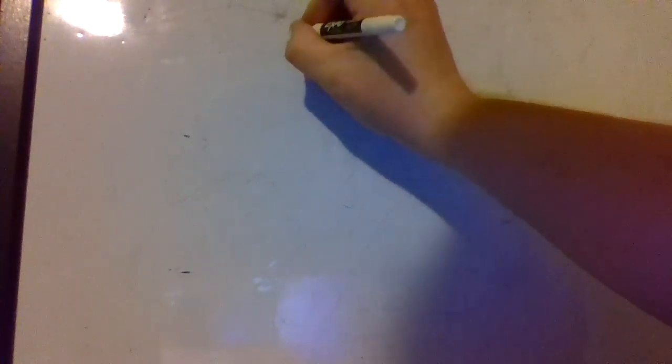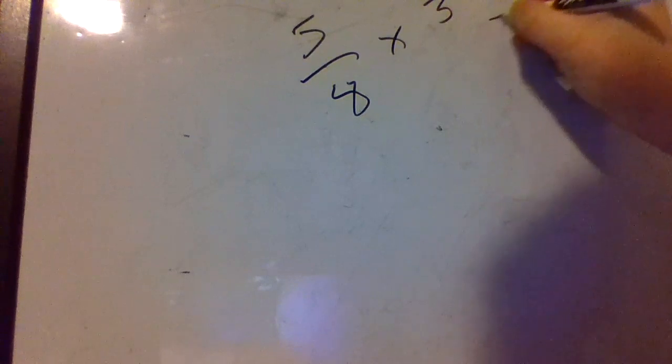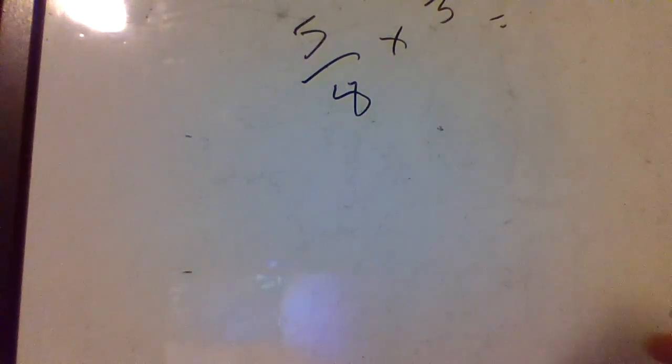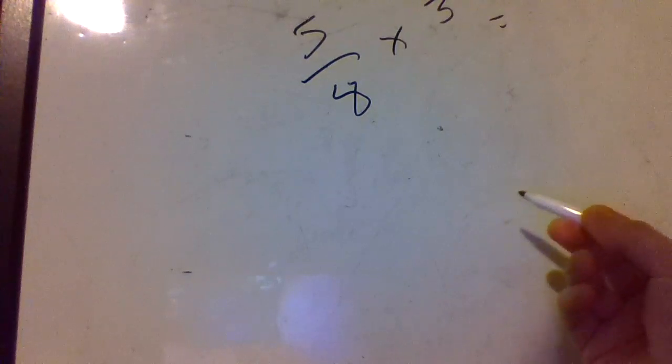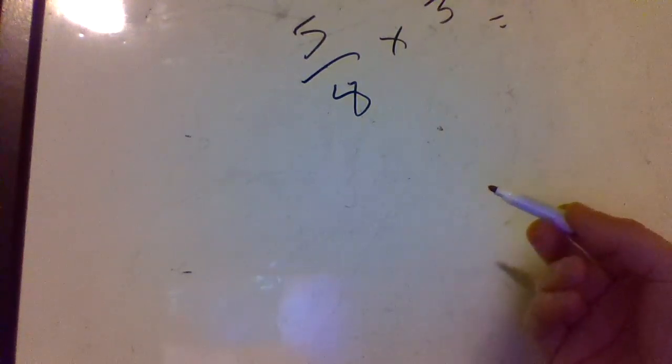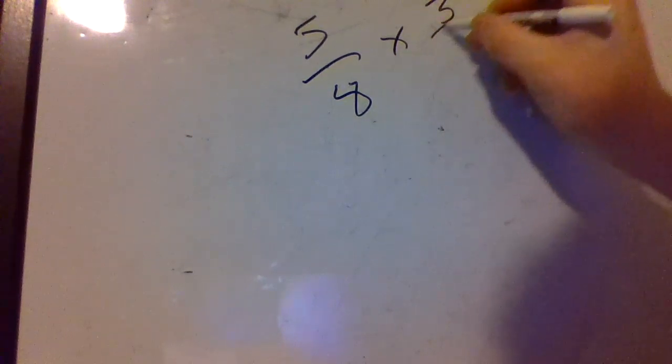All right. So, let's try another one of those. 5/8 times 3. All right. So the 3 doesn't have anything under it. So what do we put under it, guys? That's right. We put a 1 under it.